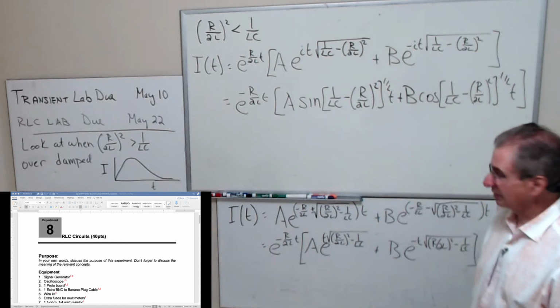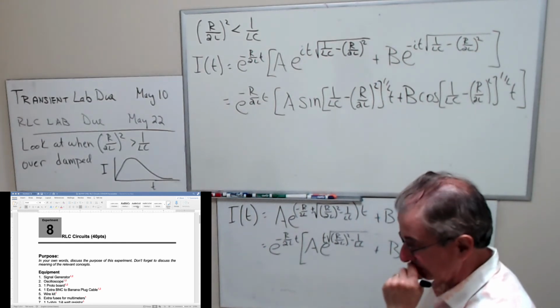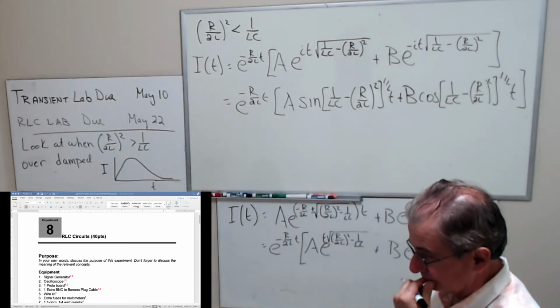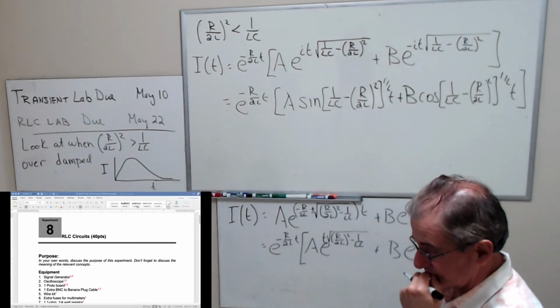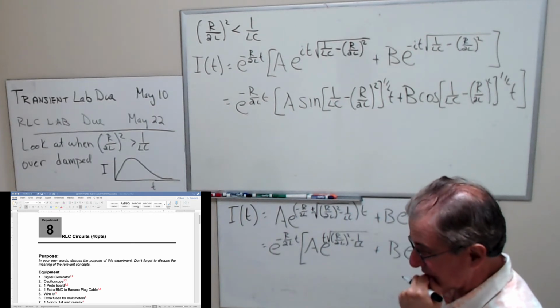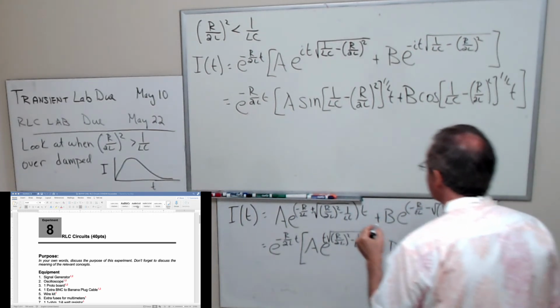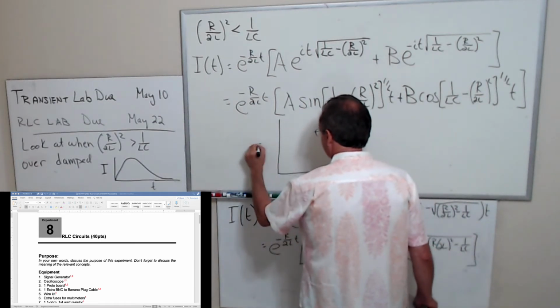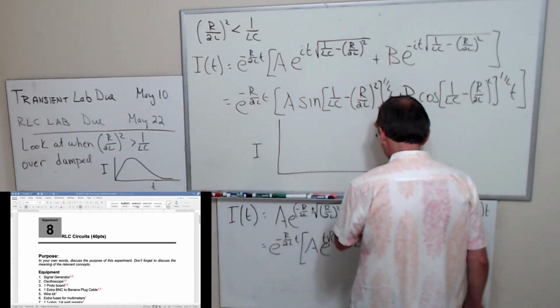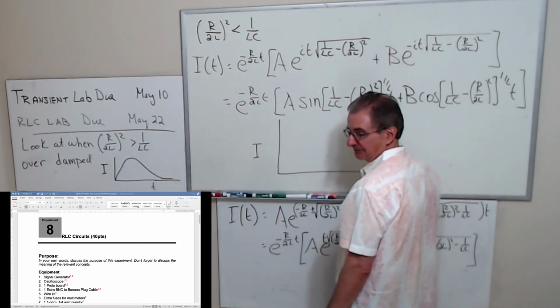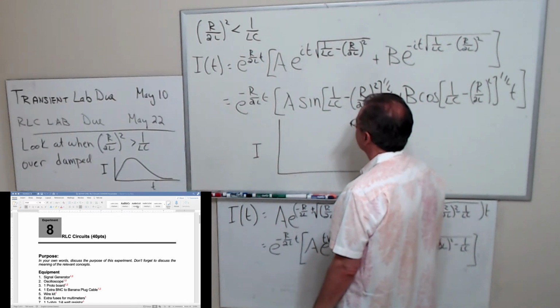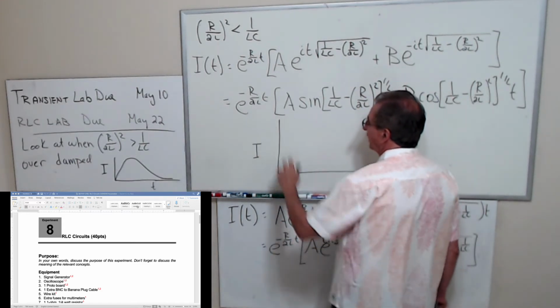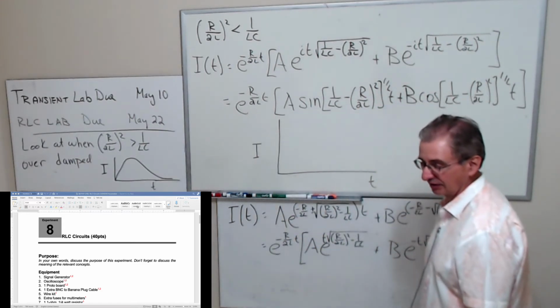What does this look like? What does that function look like? You have a sine function with a decaying exponential in front of it. What does that look like?